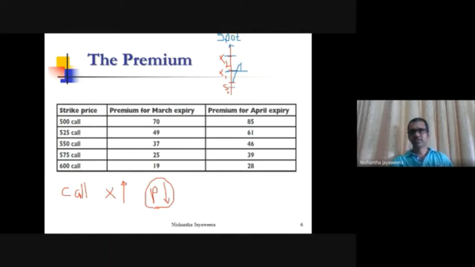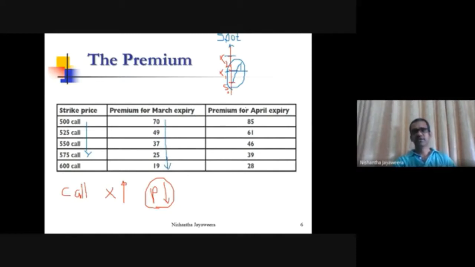So the risk is high in this one compared to the second option. So when the strike price increases, the chances of the option getting exercised are low. On the other hand, the chances of the spot price trading above this strike price are low. Therefore, the premium goes down.